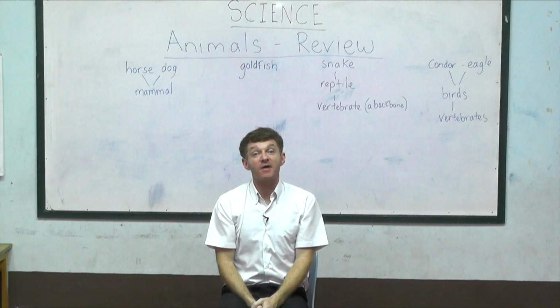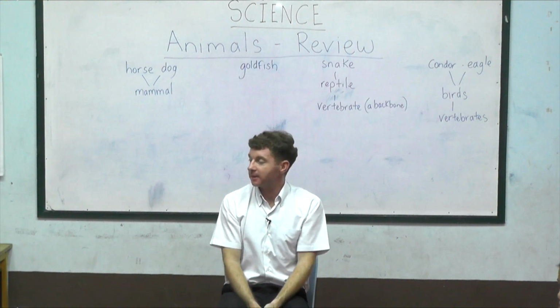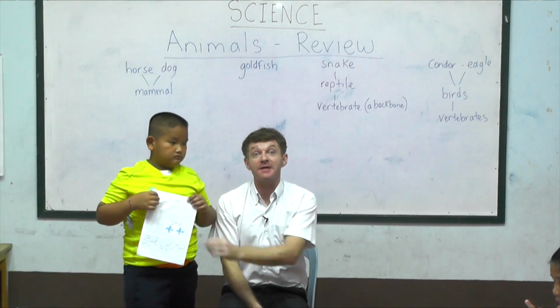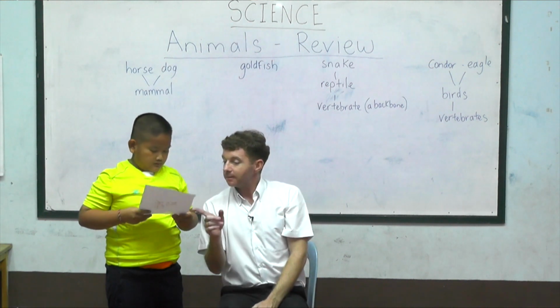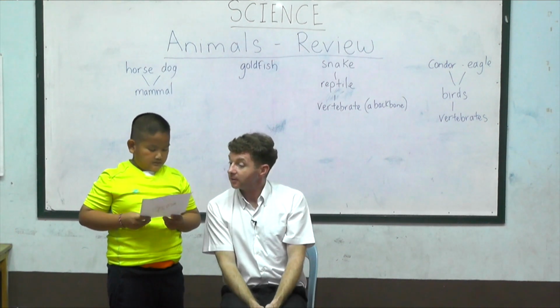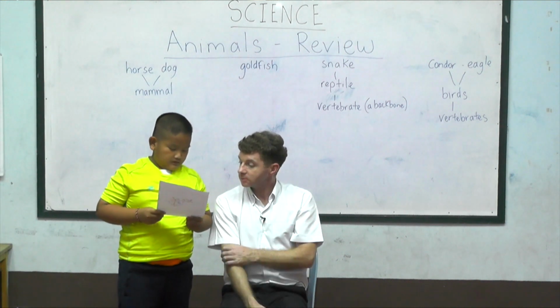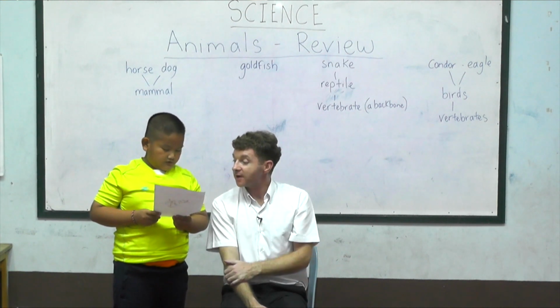And now our final student, Net, will tell us about his animal. So Net, come and join me. And let's see, Net has drawn the biggest bird in the planet, a condor. So let's see. My animal is a condor. It belongs to the bird family of animals.